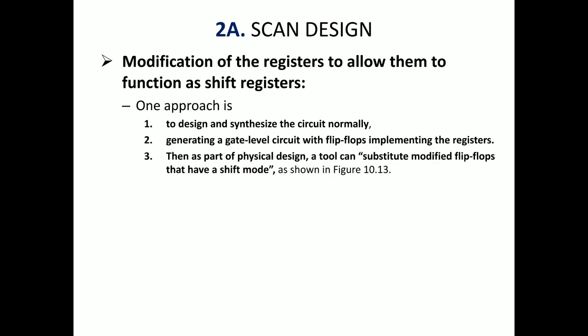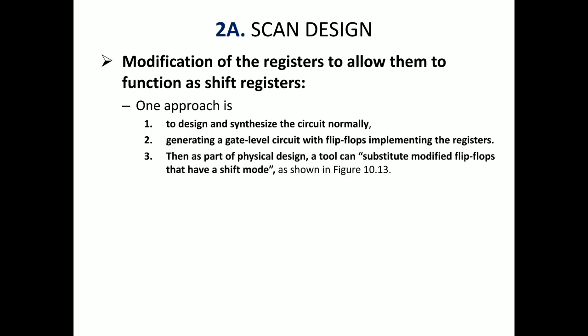But in the physical design stage, in order to test the register circuit, we'll modify that register into a modified flip-flop and form a chain of such registers. These registers will have a shift input. These registers are connected in a chain, and the test vectors are shifted from one register to another, so the circuit will function as a shift register.